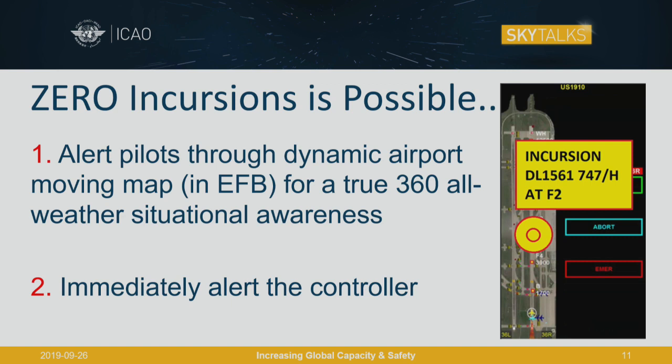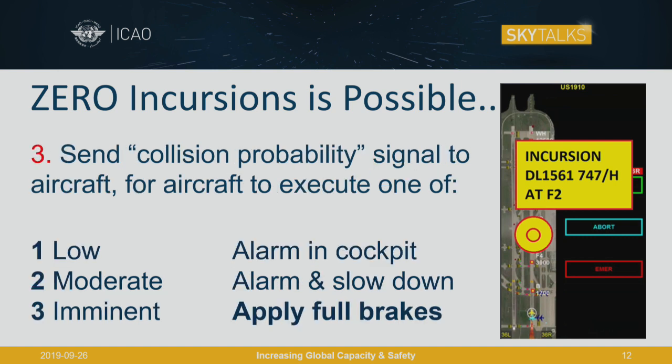Now, the second phase of this, and this is where the industry needs to get involved, today we're already sending a signal to the aircraft. If that particular aircraft is not going to stop in time, we send a signal to the aircraft of the likelihood of a collision to apply the brakes. And that is for the aircraft manufacturer to mitigate, how to work with that.